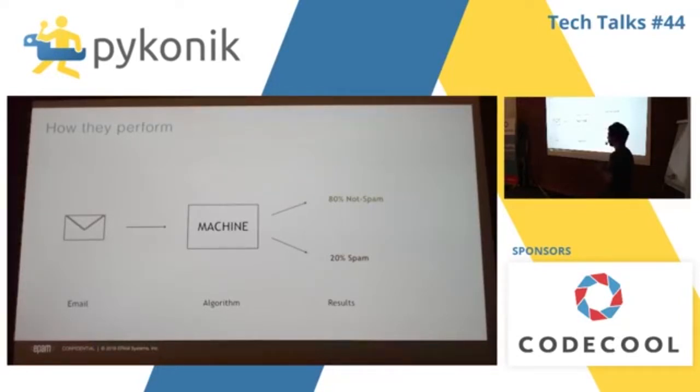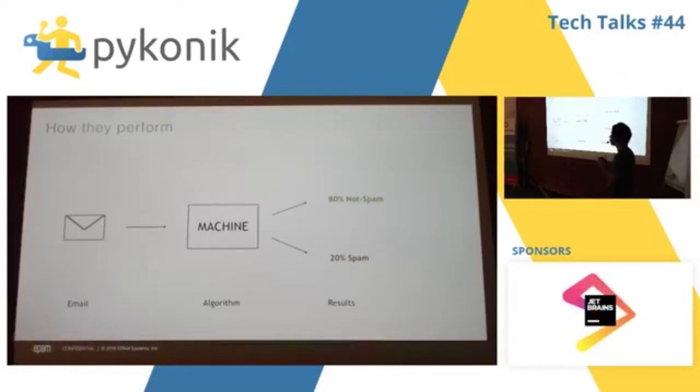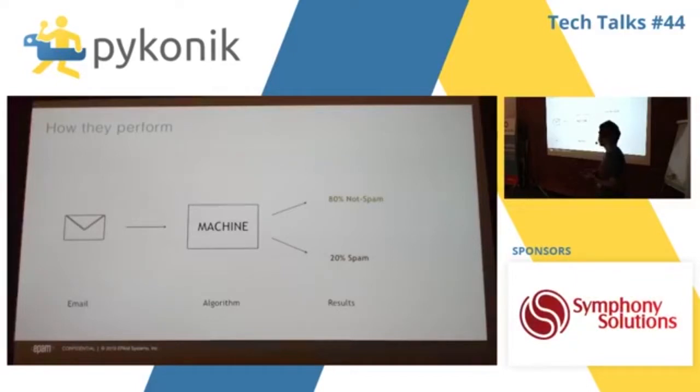For instance, we received an email, and we have an algorithm. It says it's 80% not spam or 20% spam. So in that case, this is not spam. As you can notice, we have a percentage.